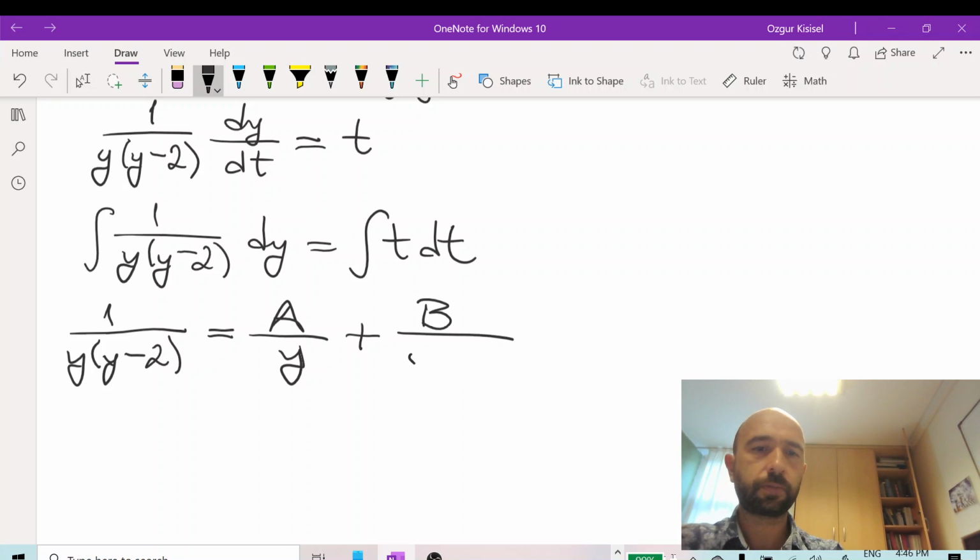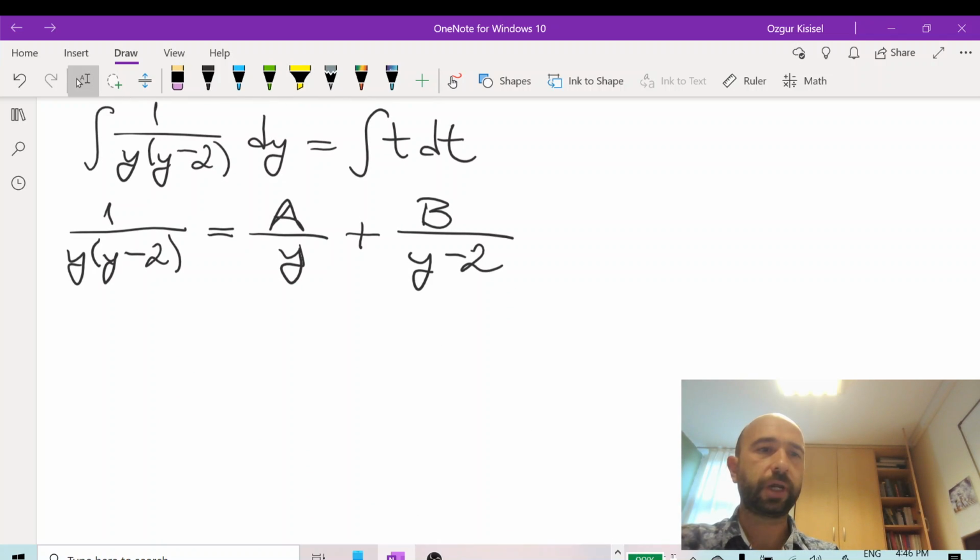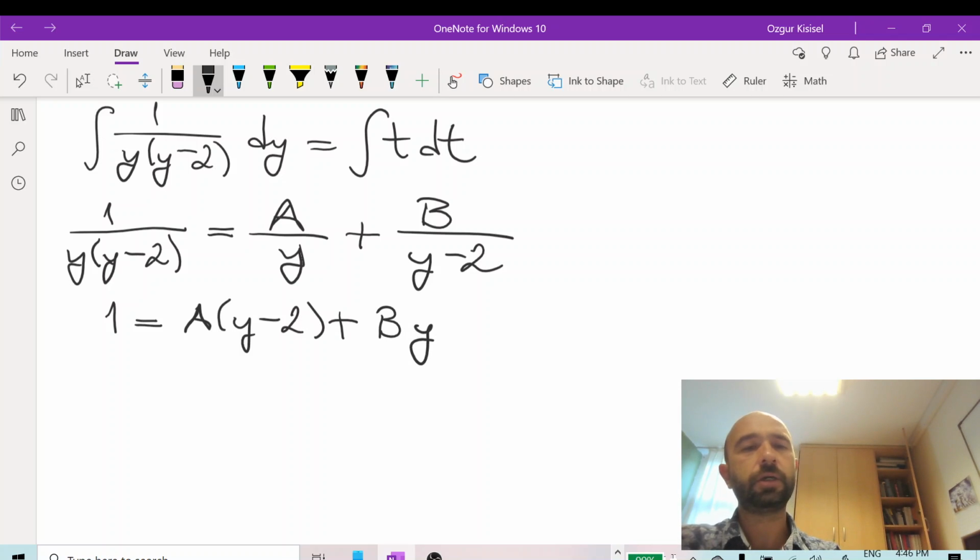I want to find two real numbers a, b, which make this equation correct. So let's see. If I equate denominators, that gives a times (y minus 2) plus b times y here.